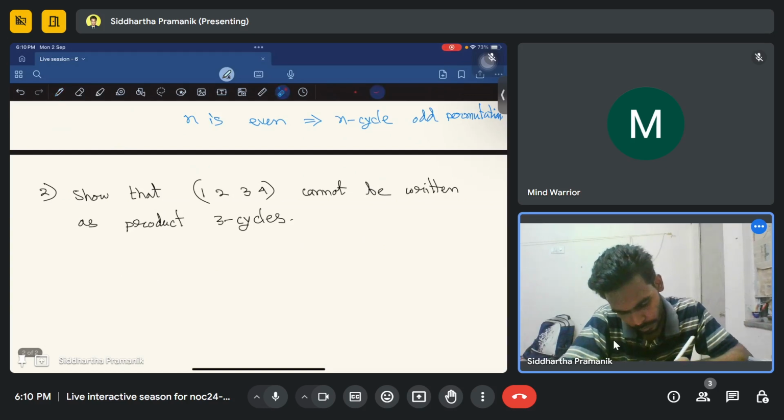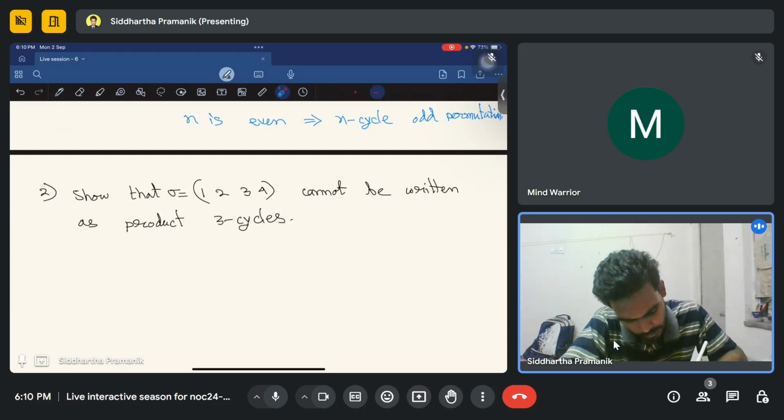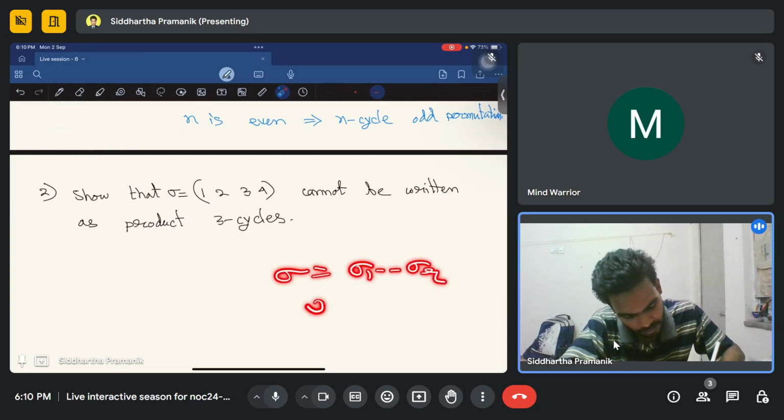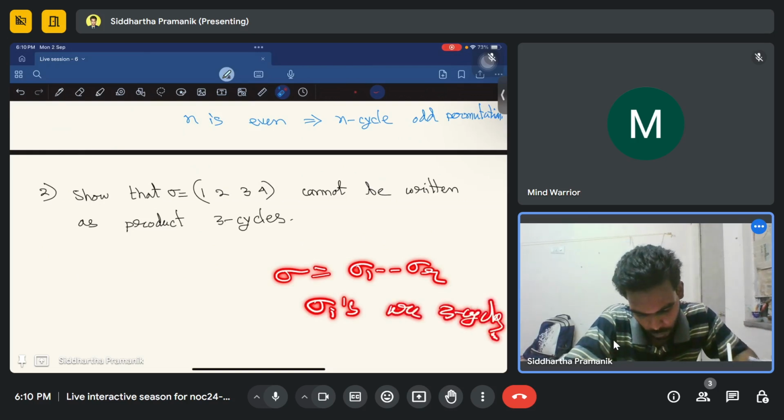Let's call this sigma. It means sigma cannot be written as sigma 1 up to sigma r, where the sigma i's are 3 cycles. We need to prove this. Can you see why this is happening?